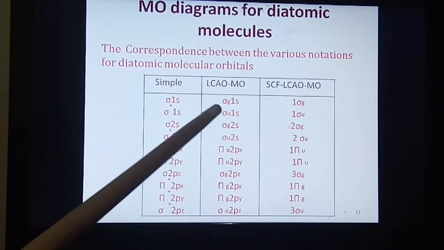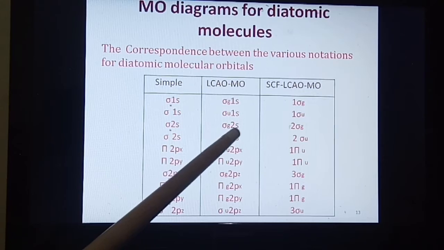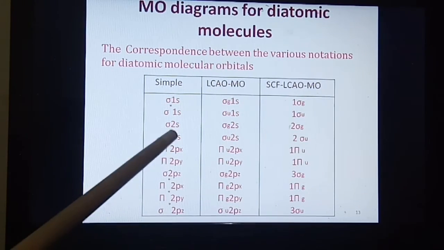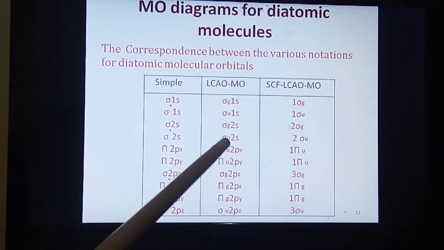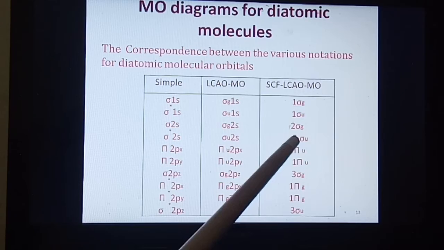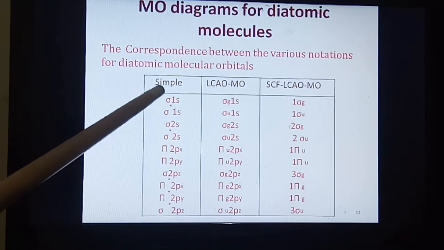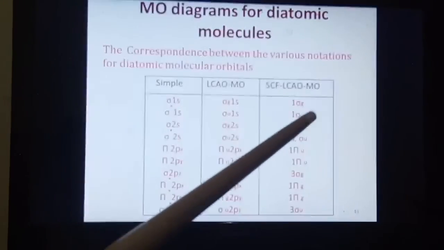The sigma 2s orbital is represented by sigma g 2s, and this is 2 sigma g. Sigma star 2s will be represented by sigma u 2s, and 2 sigma u. Similarly, these molecular orbitals can be represented in this manner and in this manner.